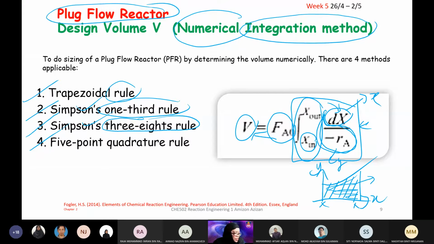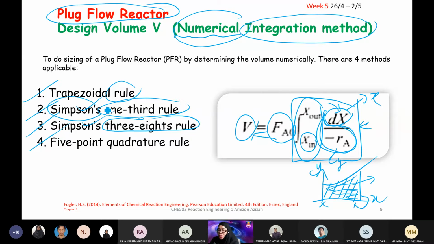Siapa tahu Bad Simpsons? Tahu ke? Saya sebut ni. Oh, awak ni buat saya gelap besar. Memanglah saya duk cakap pasal numerical.